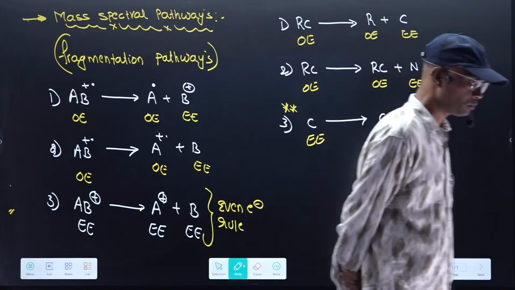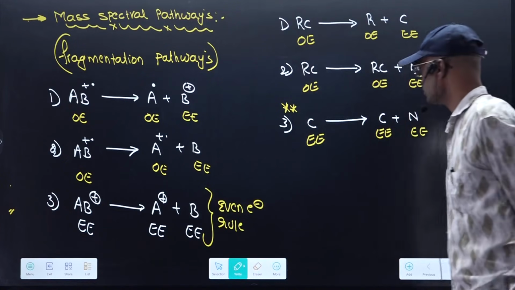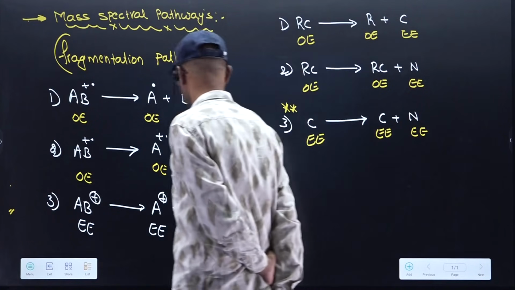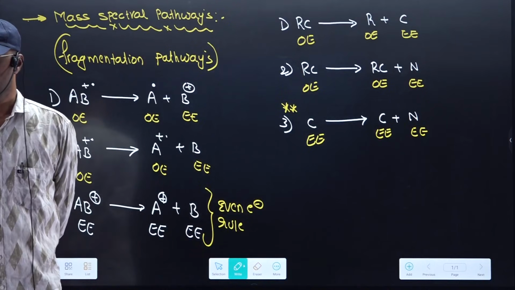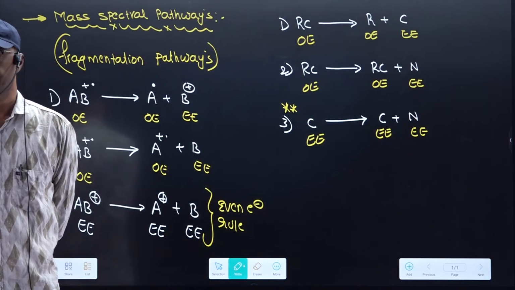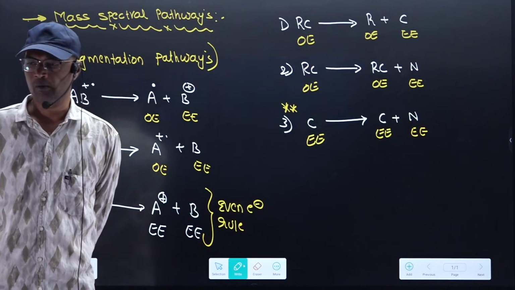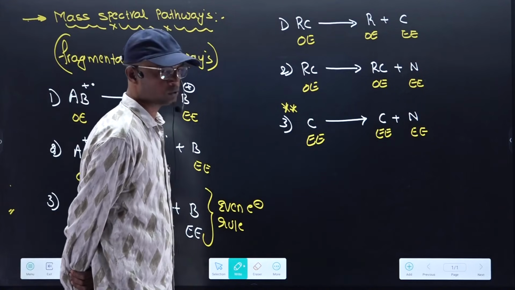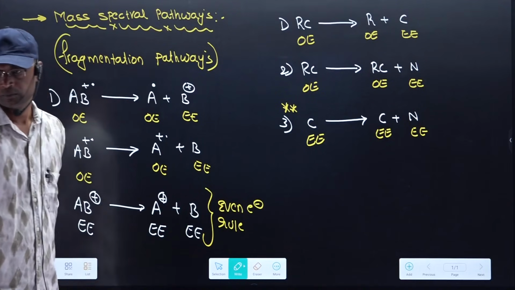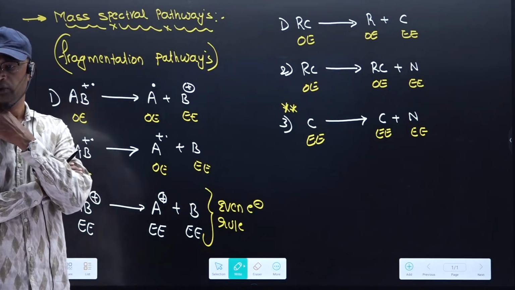According to the even electron rule, fragmentation of an even electron ion produces two even electron ions.